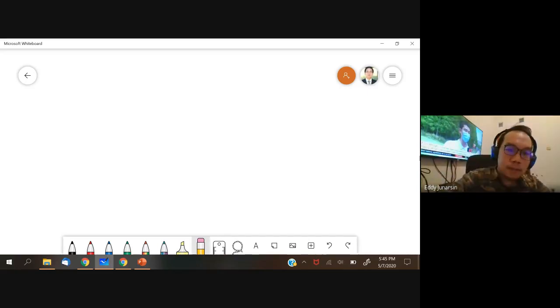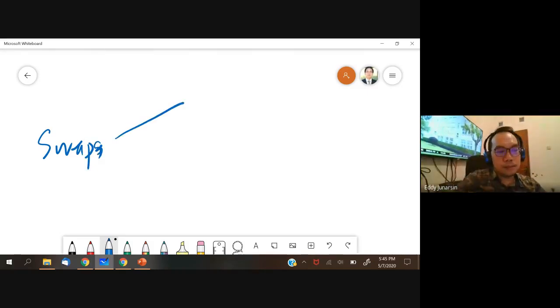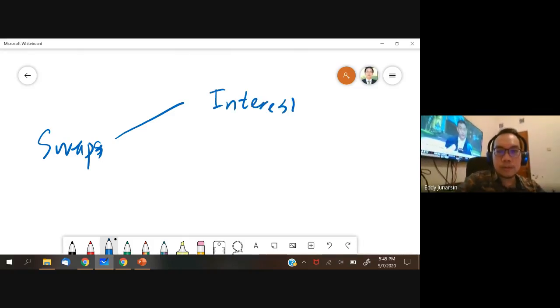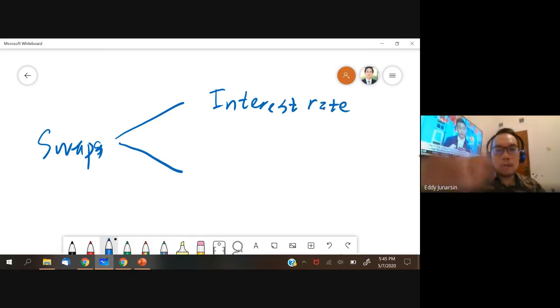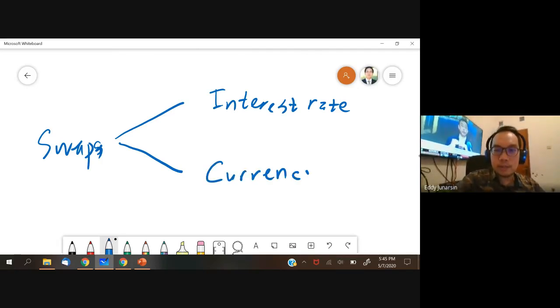So you see that we have a swap contract, and the swap contract could be based on interest rate, or we could exchange contracts based on different currencies or foreign exchanges, right?